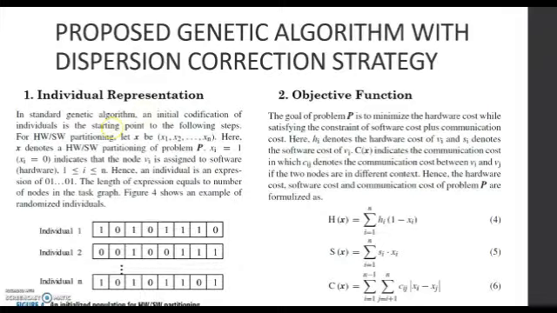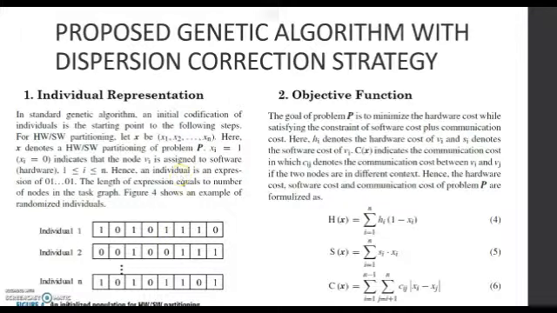It denotes the hardware software partitioning of problem P. xi equal to 1 indicates that the node vi is assigned to software, where i lies between 1 and n. Hence, an individual is an expression of 0s and 1s. The length of the expression equals the number of nodes in a task graph. This figure shows you an example of randomized individuals.